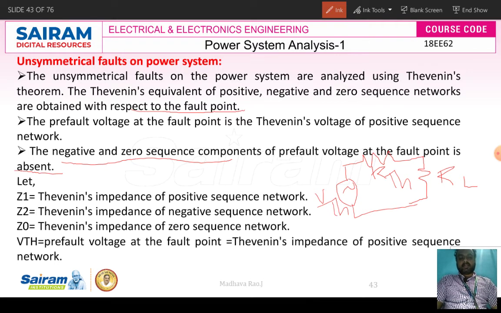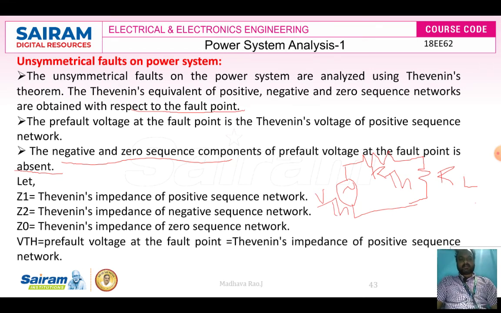where V Thevenin is the pre-fault voltage at the fault point. So V Thevenin is the pre-fault voltage at fault point, and this is applied to the Thevenin's impedance of positive sequence network. So this is about unsymmetrical components using Thevenin's method.